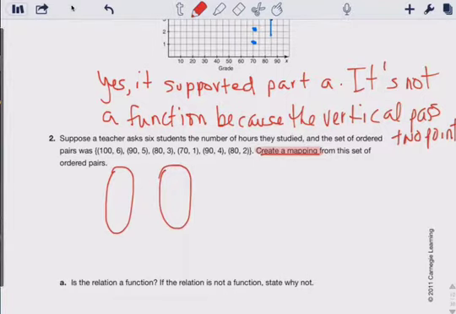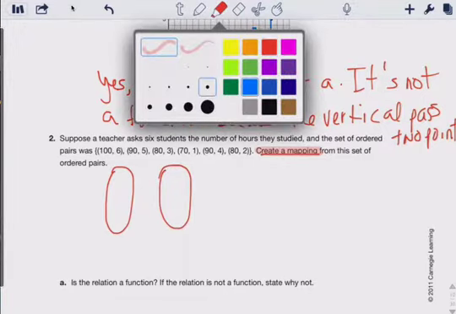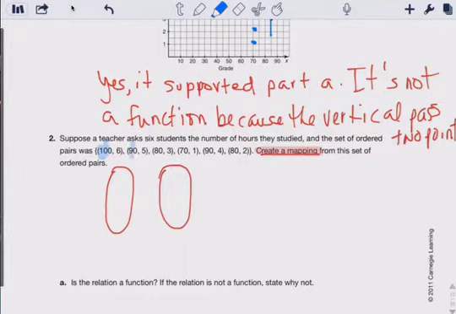Okay, so let's do all the x's first, the domain first in order, and our lowest number here is 70. Then we got 80, got it twice. Oh, we know it's not a function already. We only write it once though. Then 90, we got 90 twice. We only write it once. And 100.